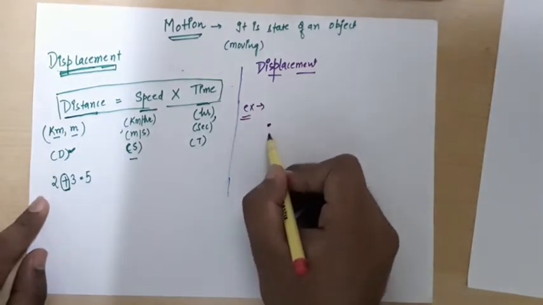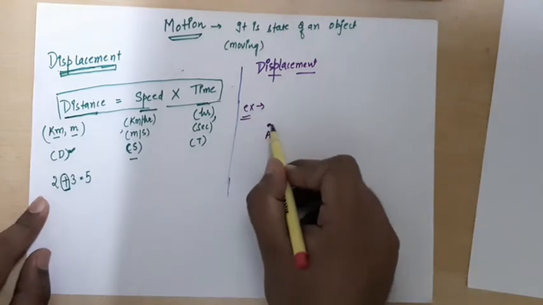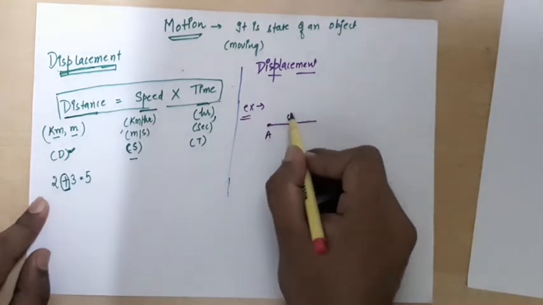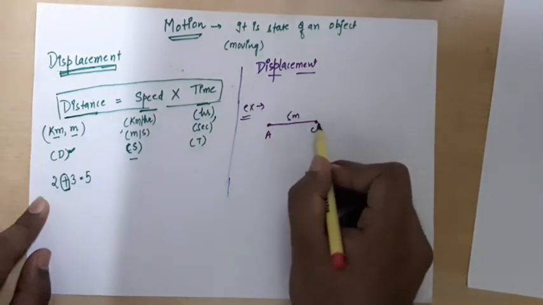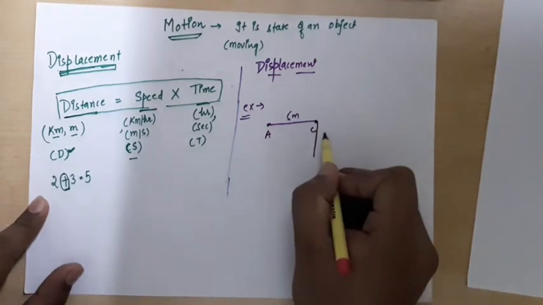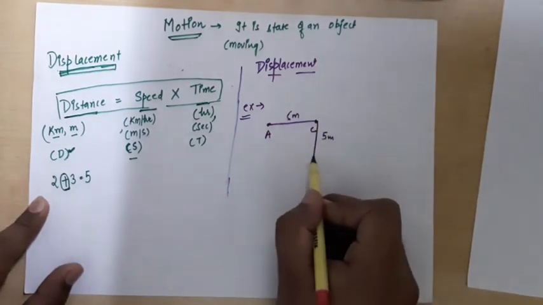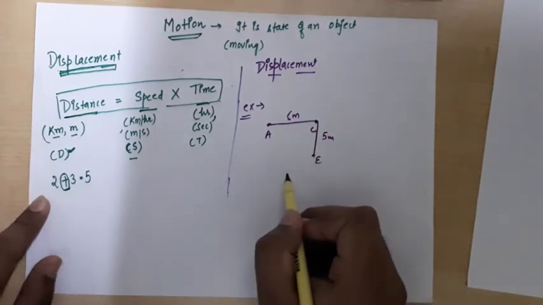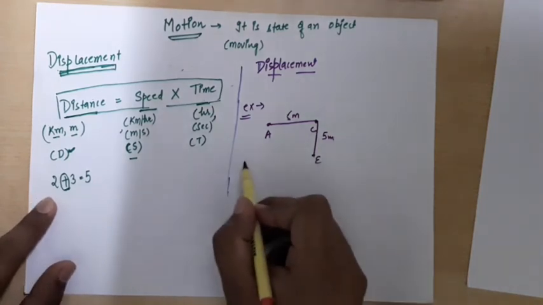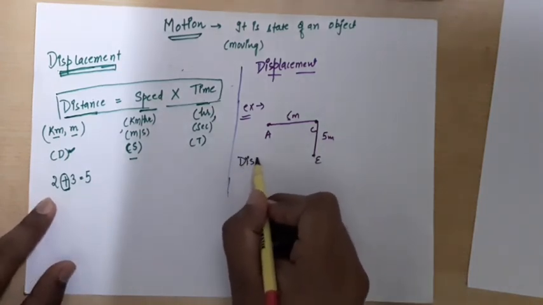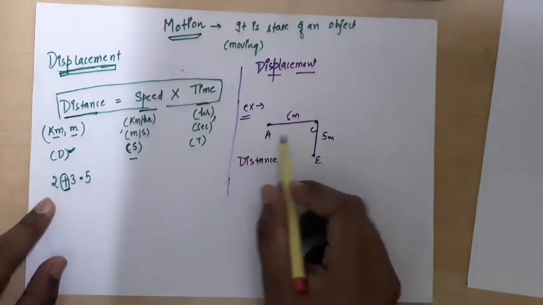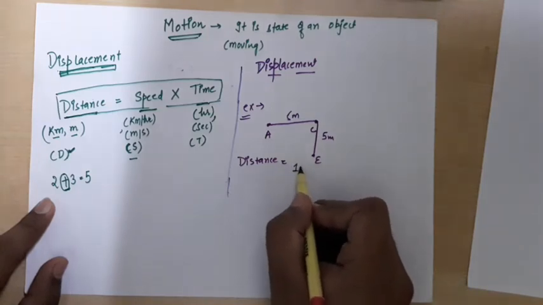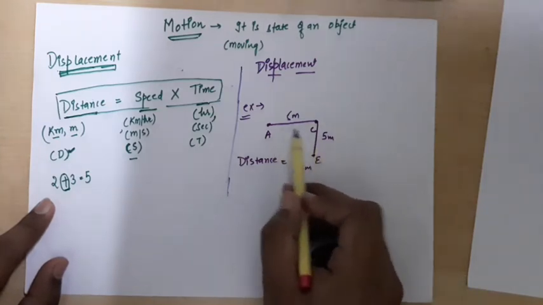Suppose a girl is at point A. She covers 5 meters distance to reach point C. From this point C, she again covers 5 meters and reaches point E. So if somebody asks you what is the distance covered by this girl, what will you say? Actually she covers 10 meters, because 5 plus 5 is 10 meters.